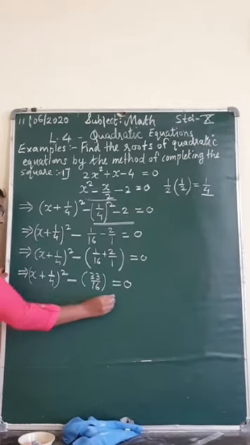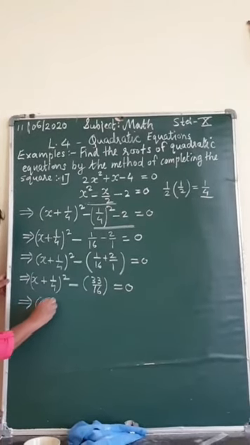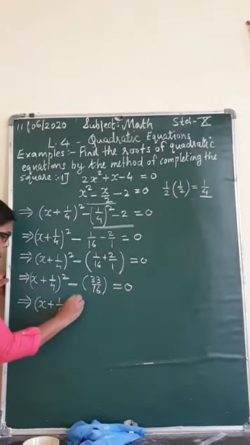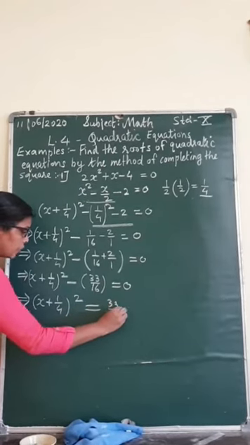Now we are transposing this term to that side. So x plus 1 upon 4 whole bracket square is equal to 33 upon 16.